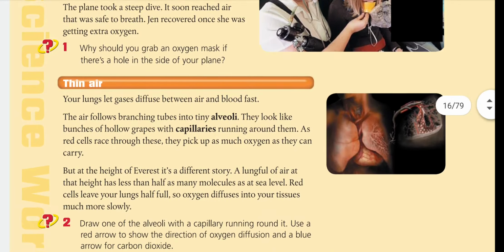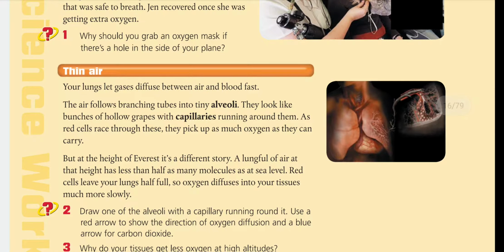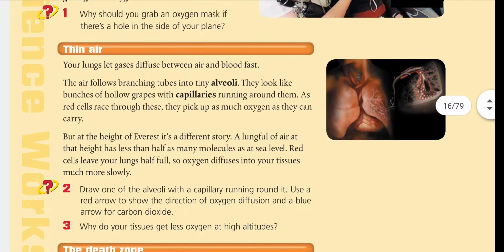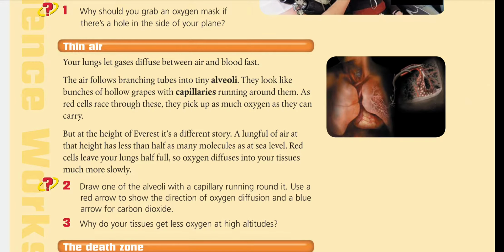So, the second part: he said that you have thin air. The thin air matters at the alveoli inside your body, which branch from the bronchus and are surrounded with capillaries. The capillaries are the small thin tubes, the blood vessels, which carry the oxygen.